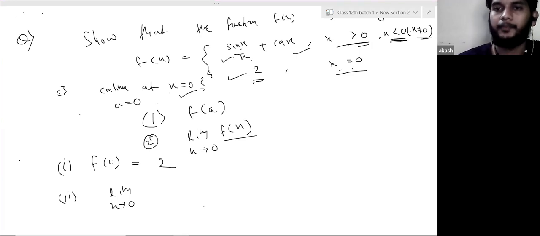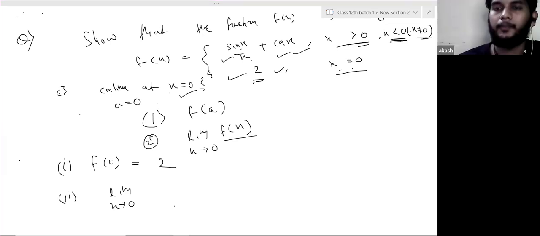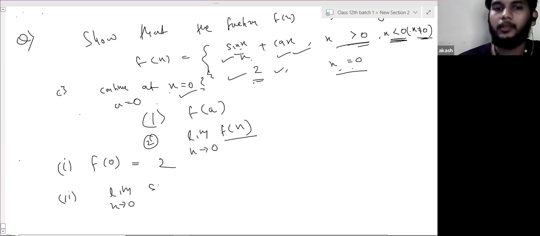All right, Krishna. Which function shall we choose? First or second? Second. Why the second one, Krishna? Oh, sorry, sir. It's the first one, right? Because x is never equal to 0 here.